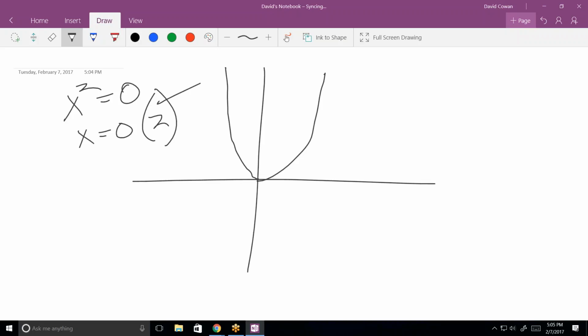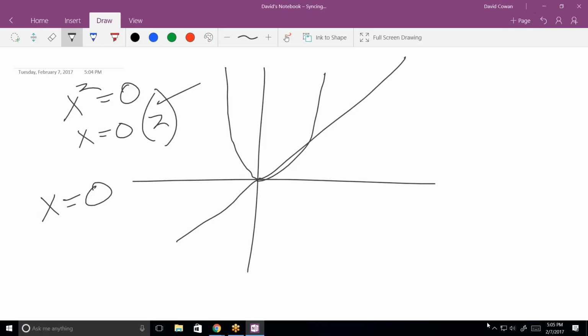Whereas if you have odd multiplicity, let's say x equals 0 only, then that curve is going to hit the x-axis and go through it. So multiplicity definitely affects what the graph is going to look like. Even multiplicity touches the x-axis and turns the other way. Odd multiplicity goes through the x-axis, always.